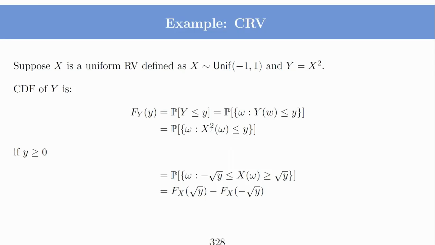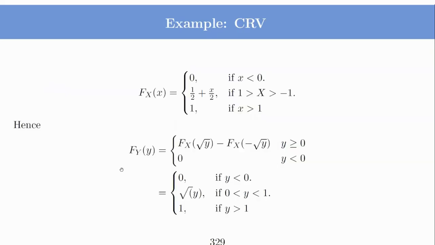So for any negative y, this will be a null set and the probability will be 0. So for y less than or equal to 0, F_Y(y) is 0, and this formula is only true when y is greater than or equal to 0.